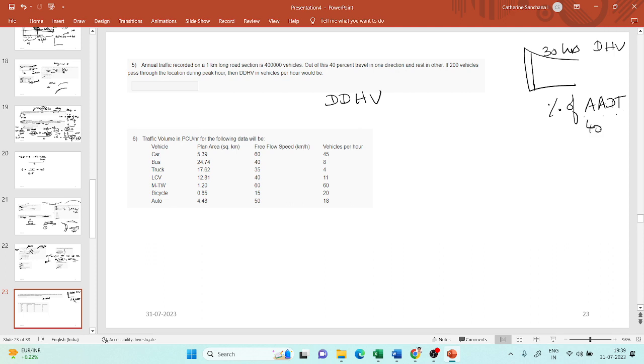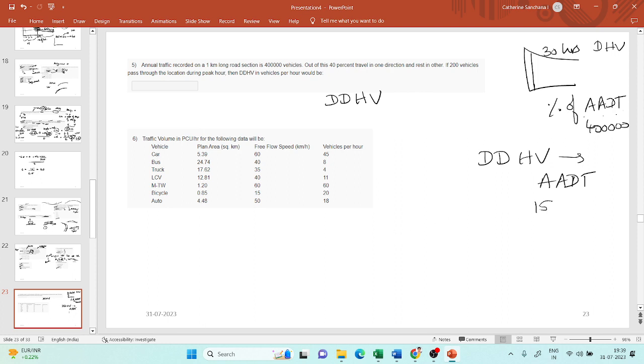Say if this is 4 lakhs as mentioned here. Sorry, this is not daily traffic. This is annual traffic. Okay. So for example, let us say this usually DDHV is obtained from AADT because, say, you get 1,500 vehicles as AADT.